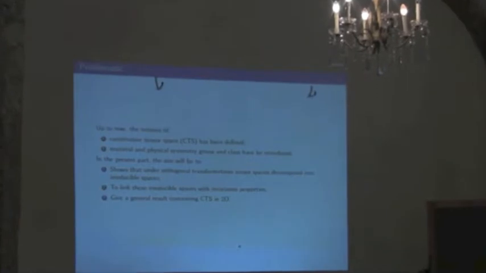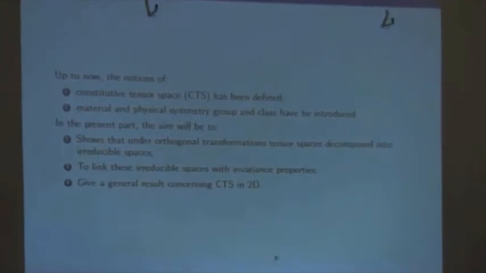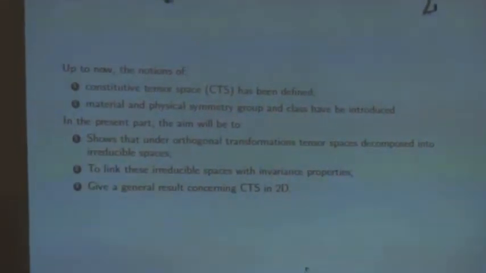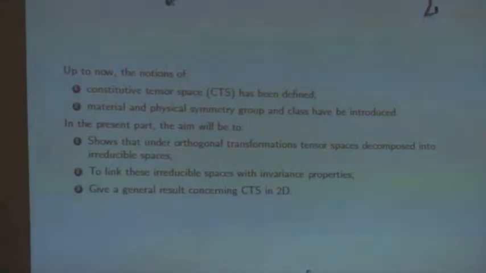And I will also give some practical example, but mostly in a two-dimensional framework. Why? Because, in fact, in 2D, all the transformations are very simple, so we can have a kind of graphic representation of what is going on.